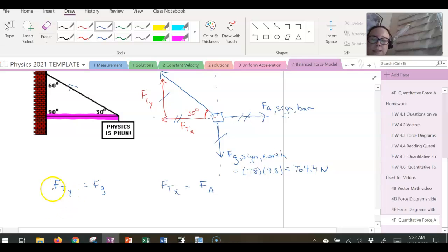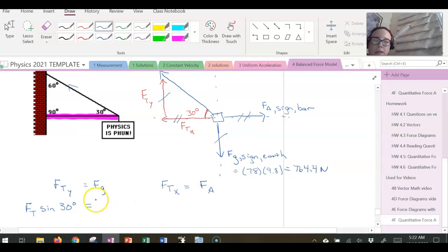Okay, well, let's see here. Is there another way for me to express the y component of that tension force? It's opposite from the 30-degree angle. Opposite over hypotenuse equals the sine of an angle. So this equals that tension force that I'm looking for times the sine of 30 degrees.